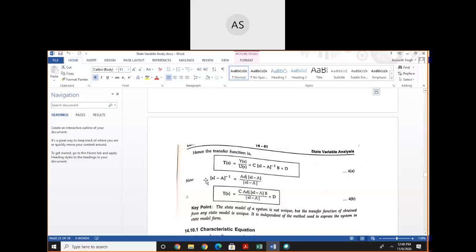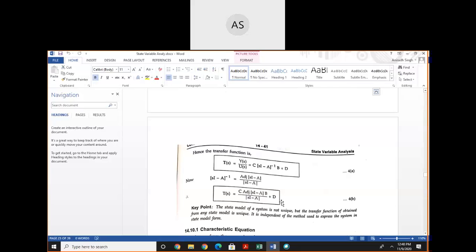The inverse of sI minus A is written as the adjoint of matrix sI minus A divided by the determinant of sI minus A. So from a state model we can easily calculate the transfer function of the system.